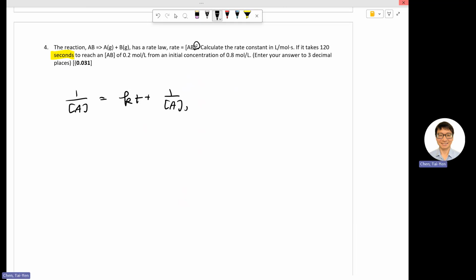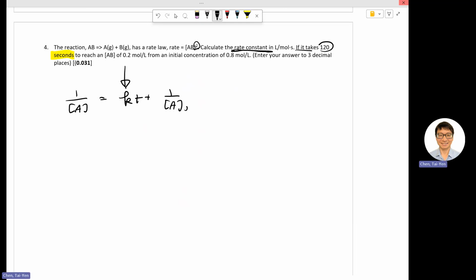Cool. Now it's time for you to reread the question and figure out what other information has been provided. You want to know the rate constant, the K. That is the term you want to solve for.